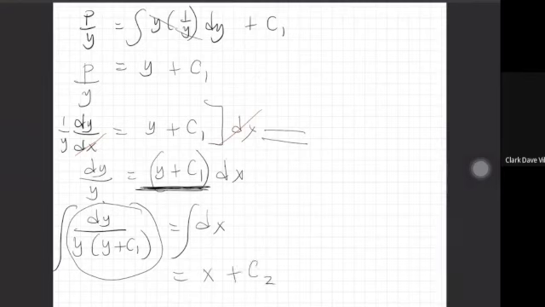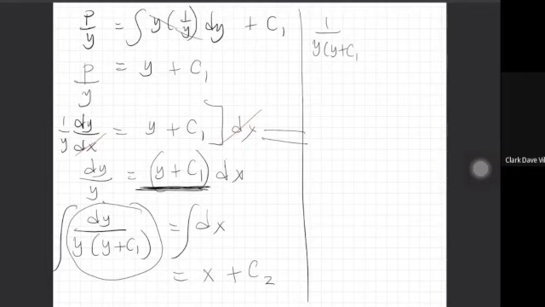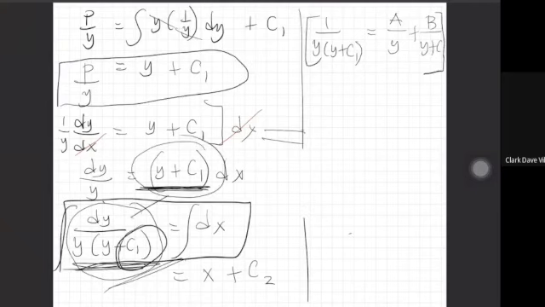But the left side, that's our problem. So let's say 1 over y times y plus c sub 1, where c sub 1 could be any constant. We can write it as a over y plus b over y plus c sub 1. Multiplying both sides by y times y plus c sub 1, what's left on the left side is 1.